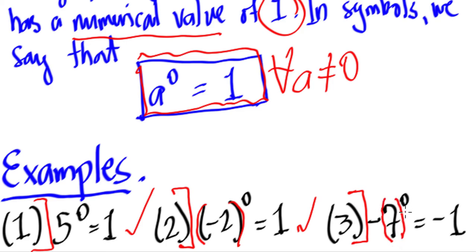So 7 raised to 0 is 1, and we have a negative sign outside, take note. So we need to apply also the negative sign in our power. Negative 7 without the parenthesis is not telling us to raise the whole minus 7, but instead we're just raising the 7 to 0. It's going to give us 1, and then apply the minus sign. Or in short, positive 1 times negative 1 is going to give us minus 1.